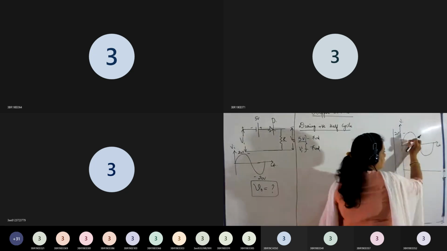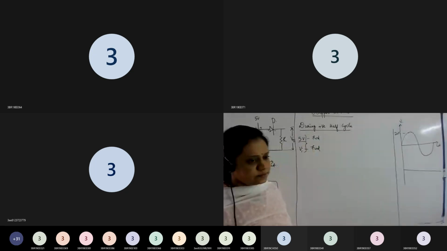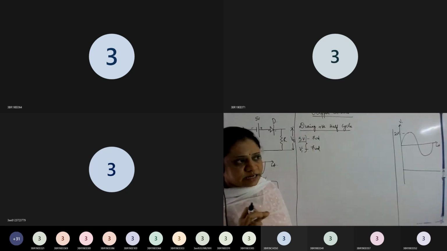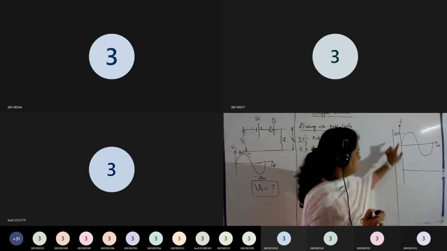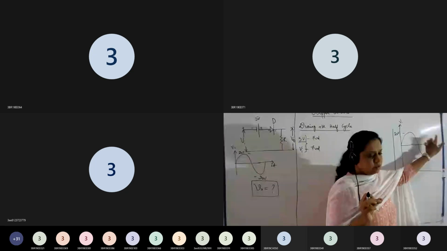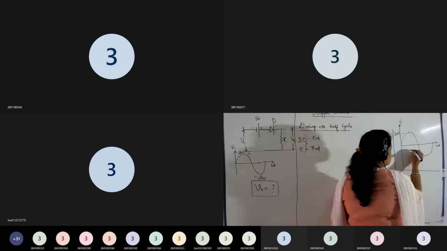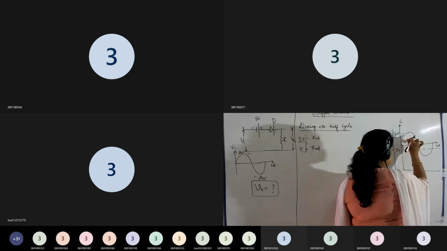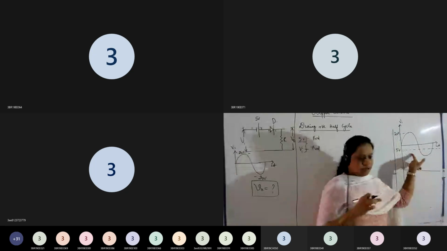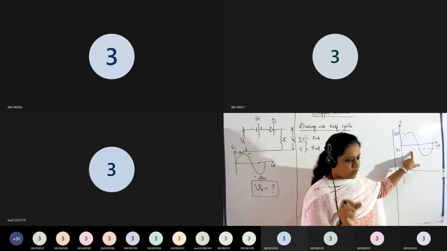That 5 volt should not be written in the positive half cycle. Because there is no opposition during positive half cycle, where to write? If it is not in the positive half cycle, we have to write 5 volt in the negative half cycle. Agree with this? This is very important.